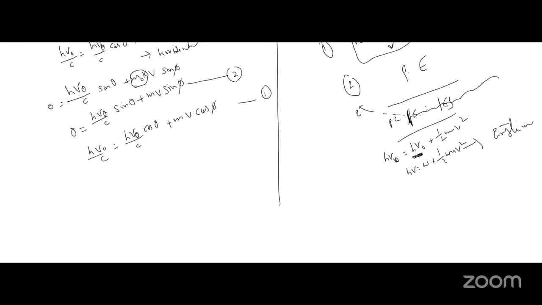Next, the third topic we discussed is the Compton effect. In the Compton effect, we have a metal surface. When electrons fall on the metal surface, they scatter at different angles, and the scattering angle will change.